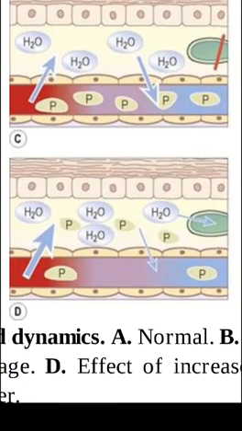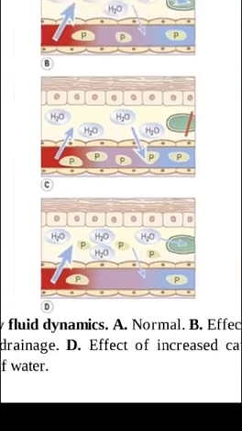In this D diagram, you can see that more of the plasma proteins have passed into the tissue space, and almost all of the water molecules are in the tissue space. That will lead again to accumulation of tissue fluid, because normally some of the water should come back into the blood vessel region, but in this case it is not coming back, thus it will lead to tissue fluid accumulation.